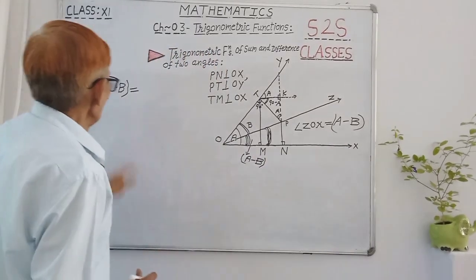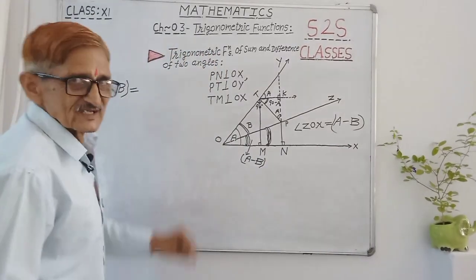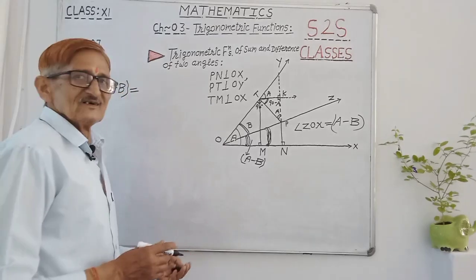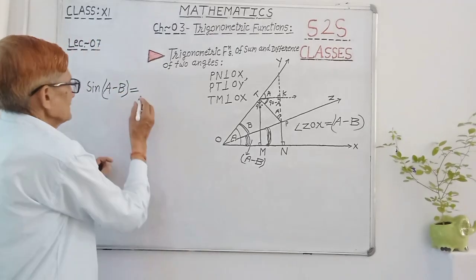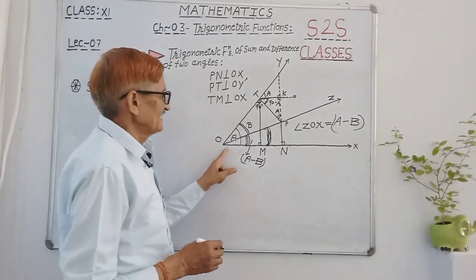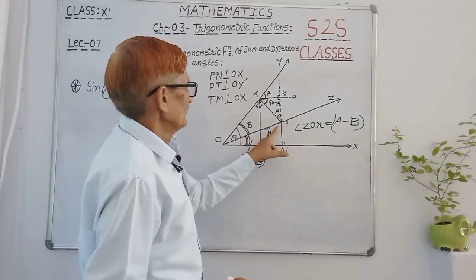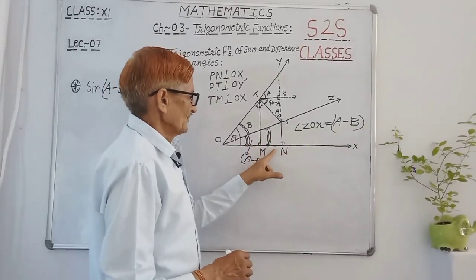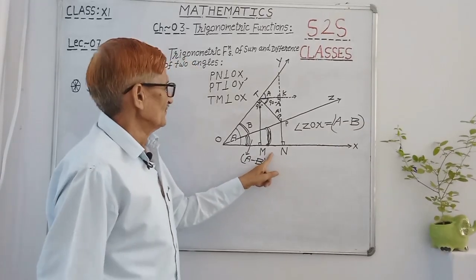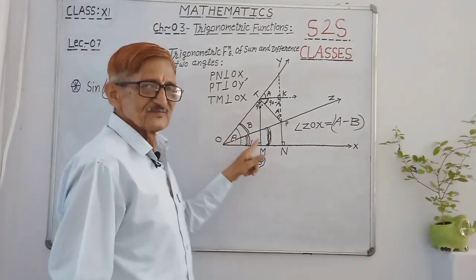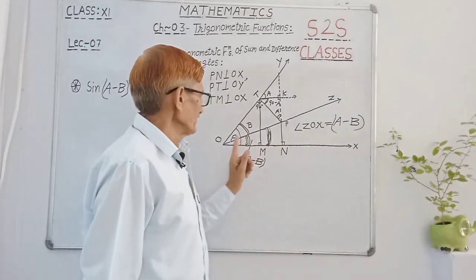So we have to take sin of A minus B, which is opposite upon hypotenuse. What is the opposite side in this right triangle PNO? PN is perpendicular, so N is 90 degrees. So sin theta is opposite upon hypotenuse.